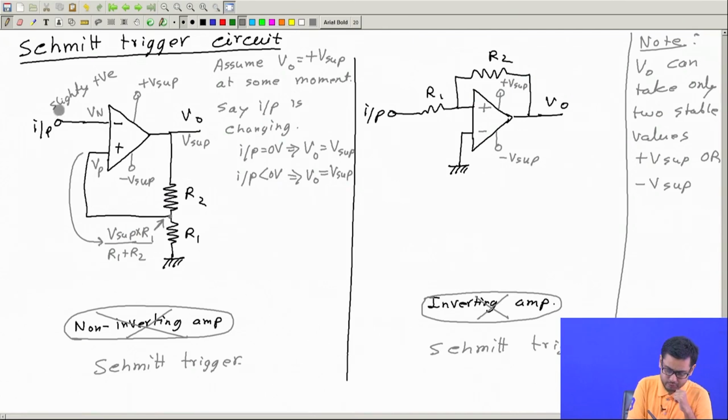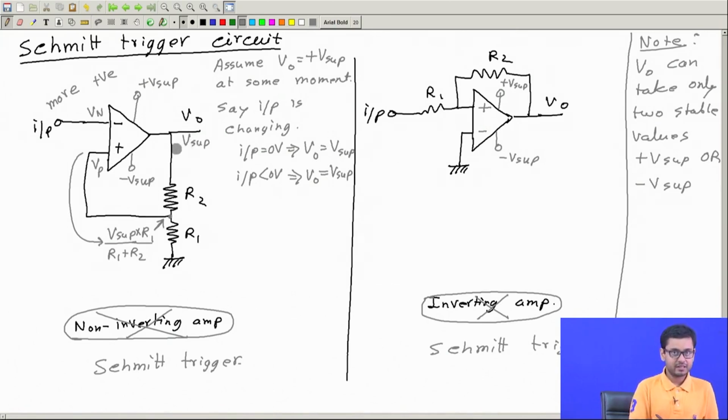But now say I make the input more and more positive. Then it depends whether this input is greater than the current value of V p or not. If the input is less than the current V p, then output will remain positive. But if I make input higher and higher, more and more positive, then at some value this V n will be greater than V p, and then the output will become immediately negative.